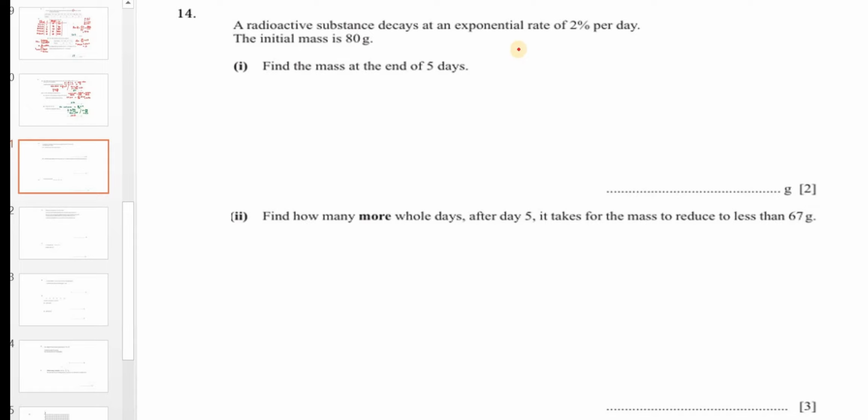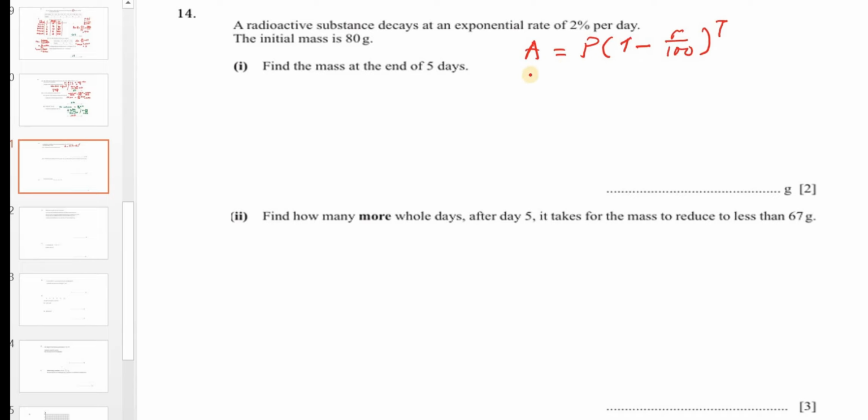We use the formula for amount, P times 1 minus R over 100, raised to the power of T. Since it is a reduction, that's decaying, we use minus. If it is appreciation, like gold, we use plus, but it's a radioactive substance that decreases, so we use minus.